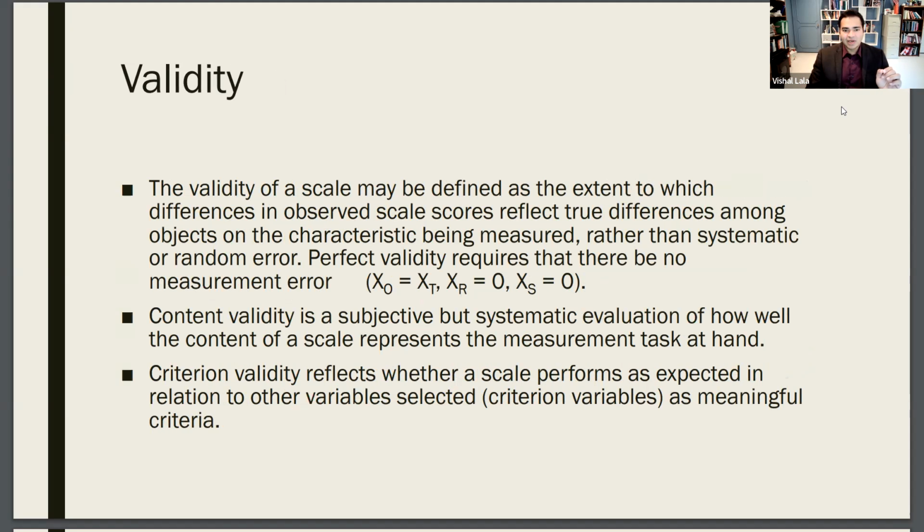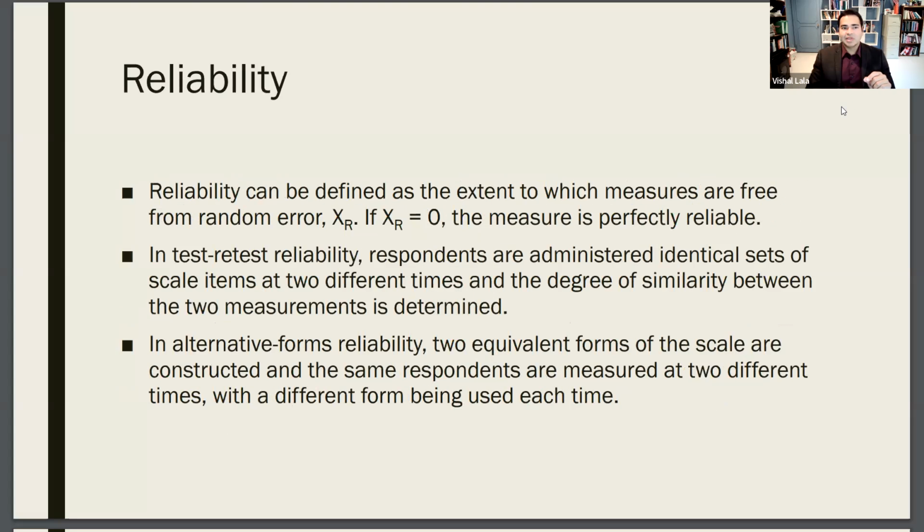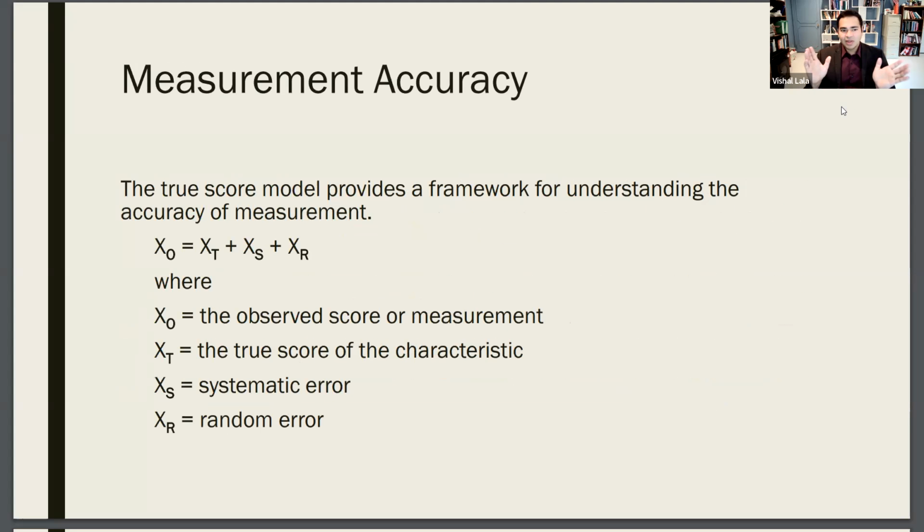On to validity. But before I examine the slide, let me go back a few slides to the idea of measurement accuracy in general. Our scale is accurate when XO, the observed score for our measurement, is equal to the true score. In practice, our observed score consists of the true score, the systematic error, and random error.